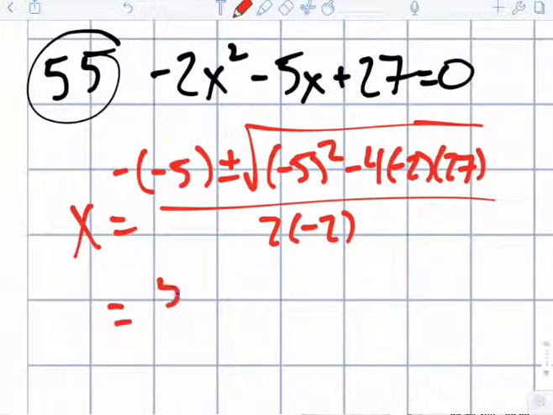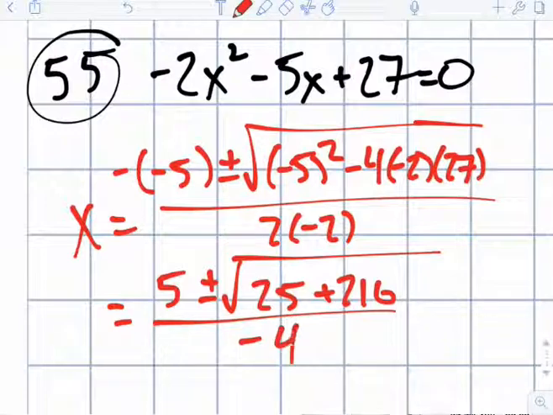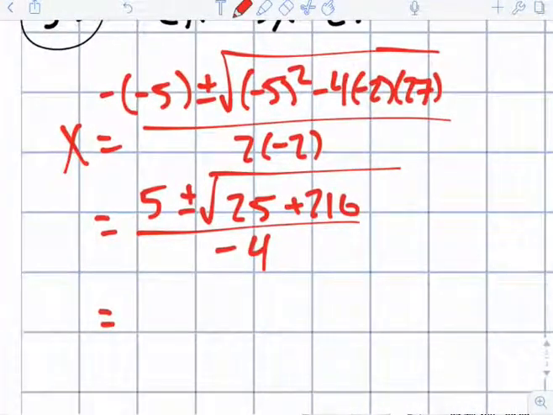All right, and so I get 5 plus or minus the square root of 25, and then 8 times 27. 8 times 27 is 216, over negative 4. 25 plus 216 is 241.